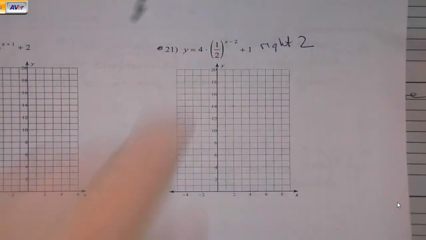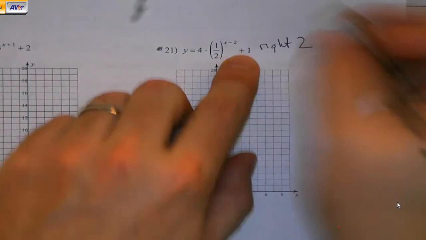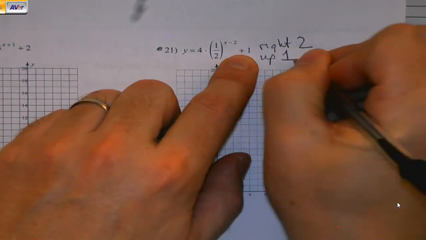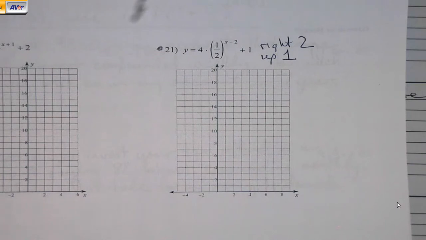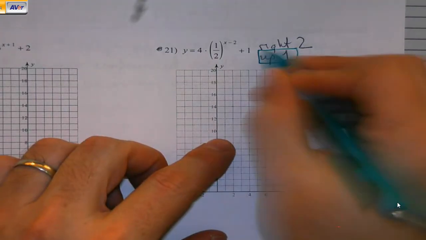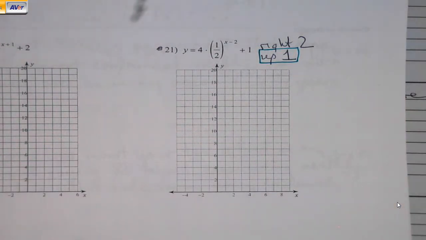So since it's the opposite, I'd be moving right 2, and up 1. Okay? When we're doing growth and decay, it's the up and down that matters. Well, why is that? Because it's the range value that's moving.